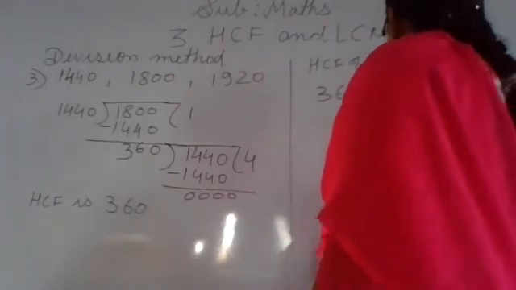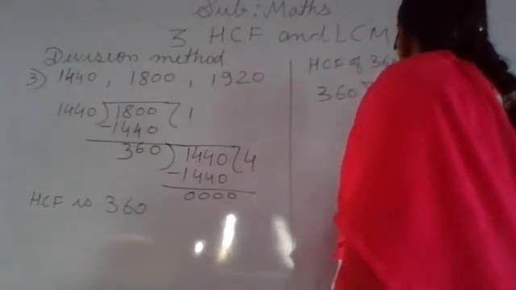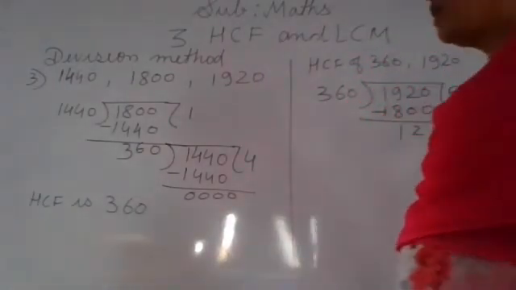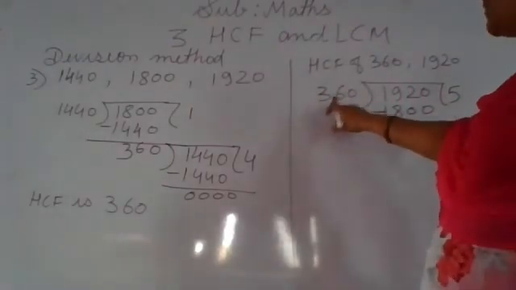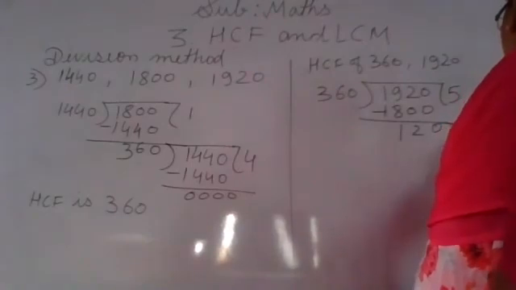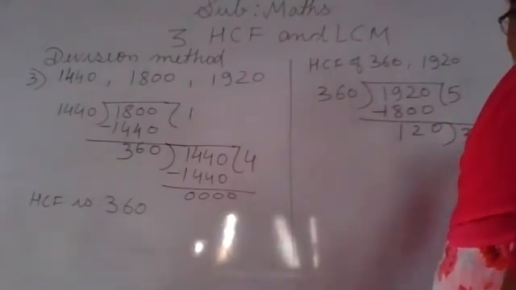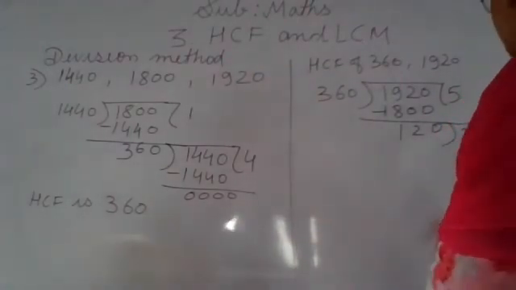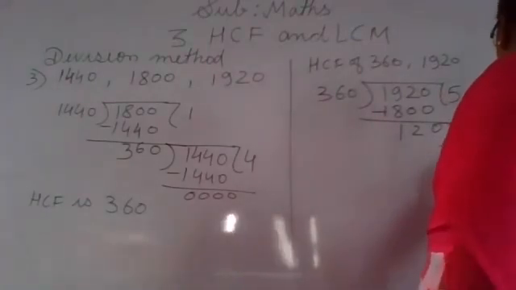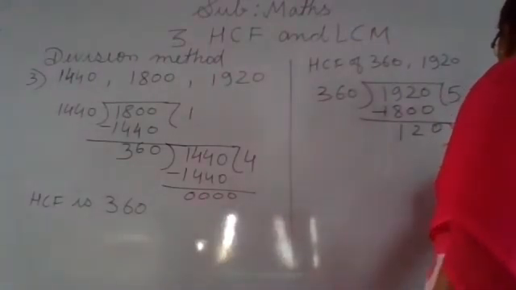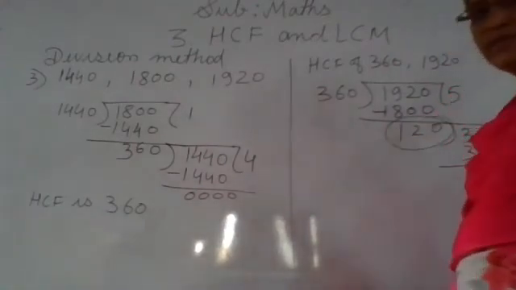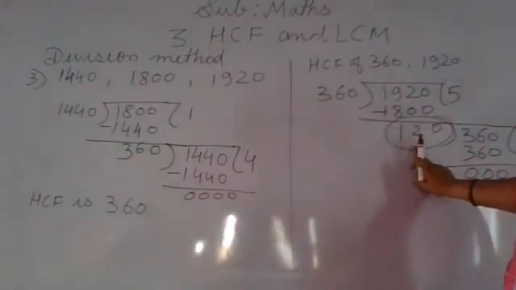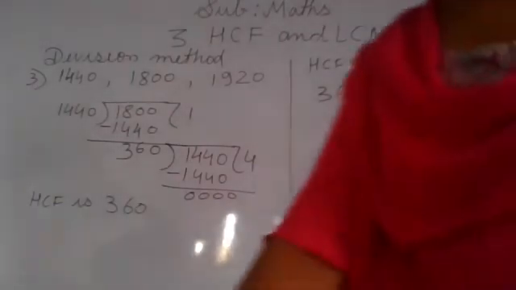Okay. Now it is the remainder. It becomes now divisor. Now take the first divisor, it becomes dividend. Now 120 threes are 360. And the remainder is 0. So what is our HCF? This divisor is our HCF.